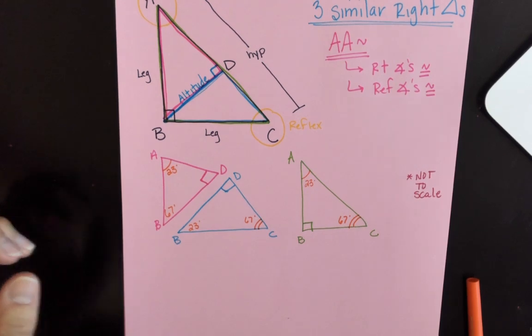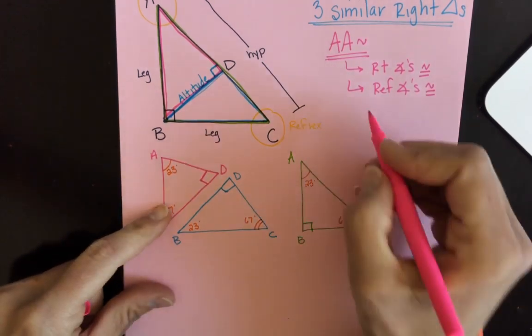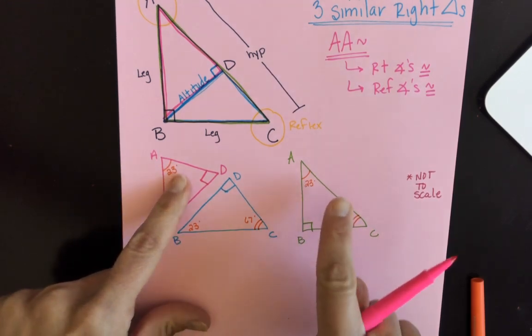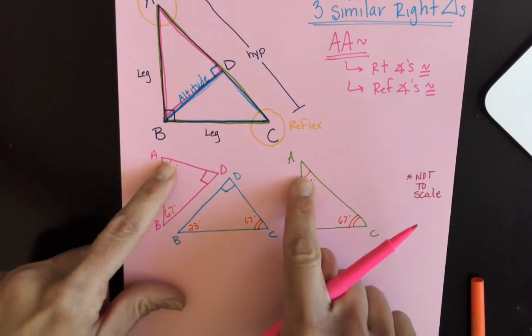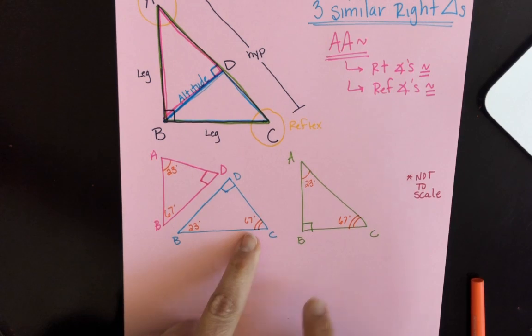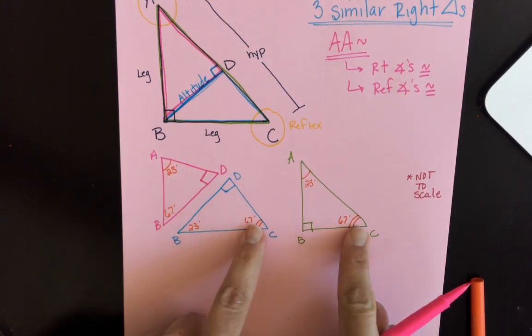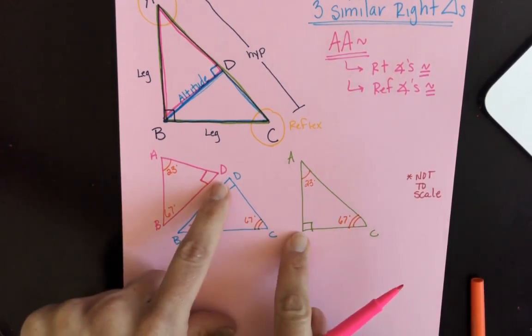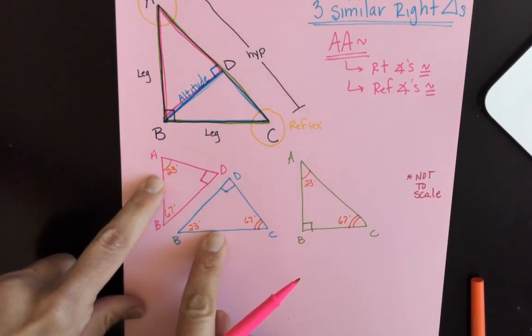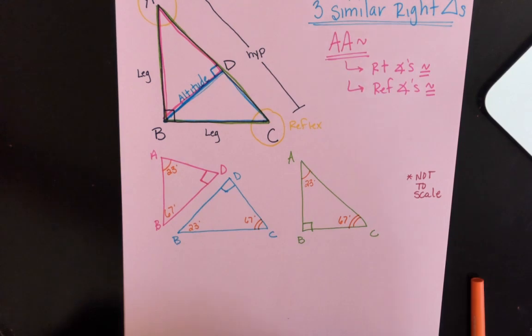Now, we do have to make these two smaller guys similar to each other. It's almost like the transitive property. If the pink one was similar to the green one because of reflexive and right, and the blue one was similar to the green one because of reflexive and right, these two are going to be similar to each other, again, by the transitive property.